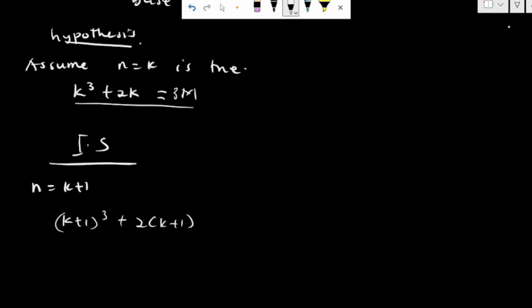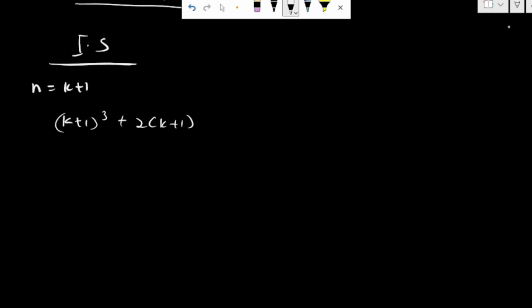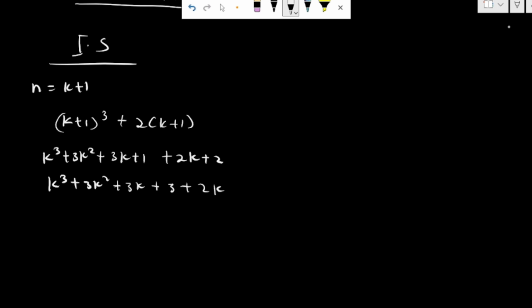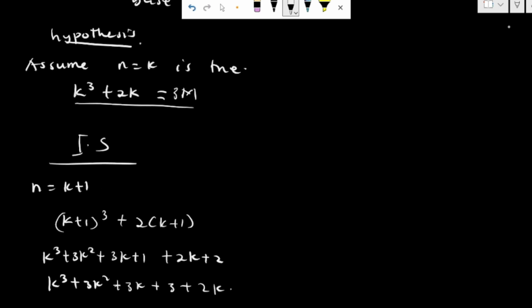So now let's expand what we have here and see. You get k cubed plus 3k squared plus 3k plus 1 plus 2k plus 2. You get k cubed plus 3k squared, then 3k here, right? Then plus 1 plus 2 is 3, then plus 2k. But remember that from our inductive hypothesis, k cubed plus 2k is equal to 3n.